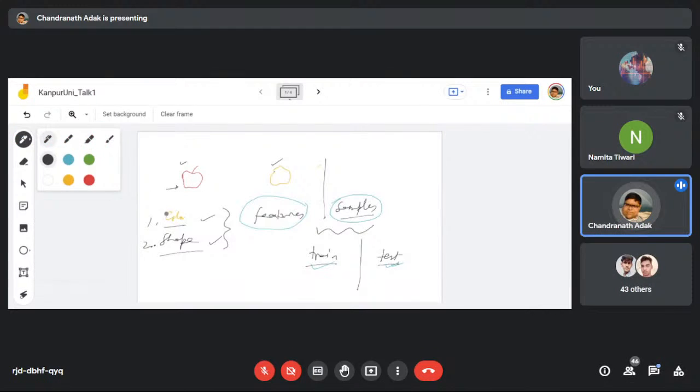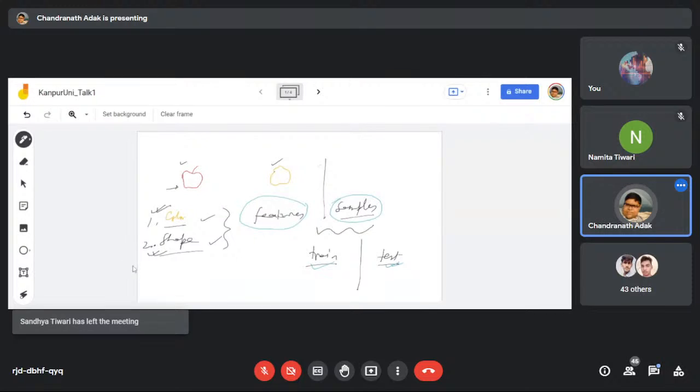At first you need to check the color, then shape, and some people take different features, say the age of these fruits, or you may have a matrix of 100 samples of apples and their weights. This we call handcrafted features.